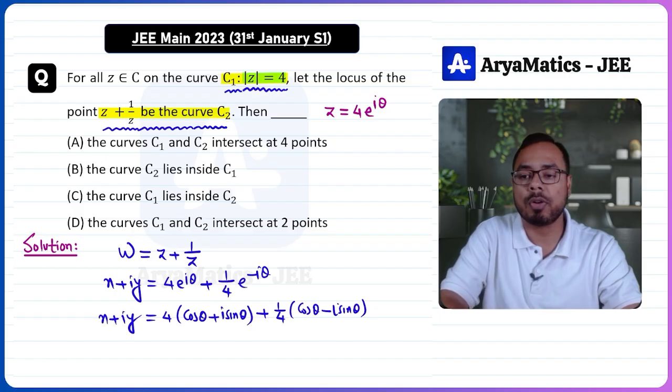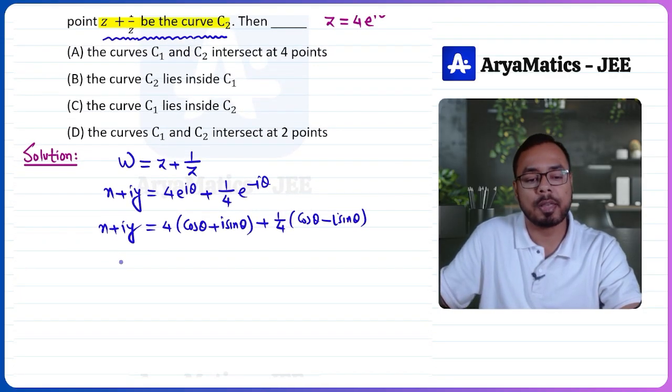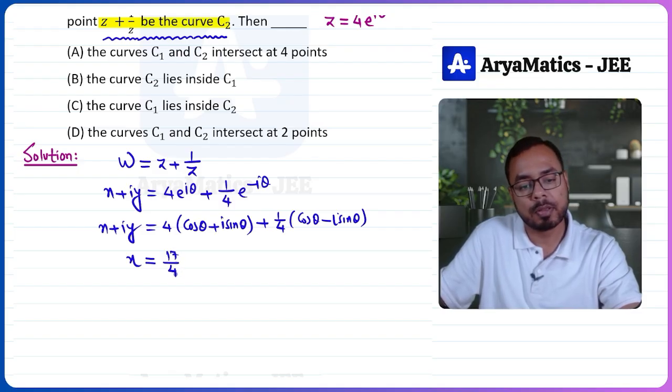Now we know that if two complex numbers are equal, then their real parts as well as imaginary parts are equal. That means the real part x will be 4 plus 1 by 4, that will be 17 by 4 cos theta. And similarly, if I equate the imaginary part, then y will be 4 sine minus 1 by 4 sine, so that will be 15 by 4 sine theta.